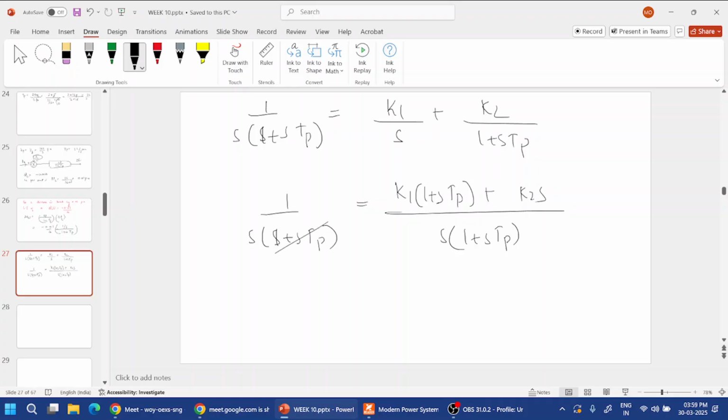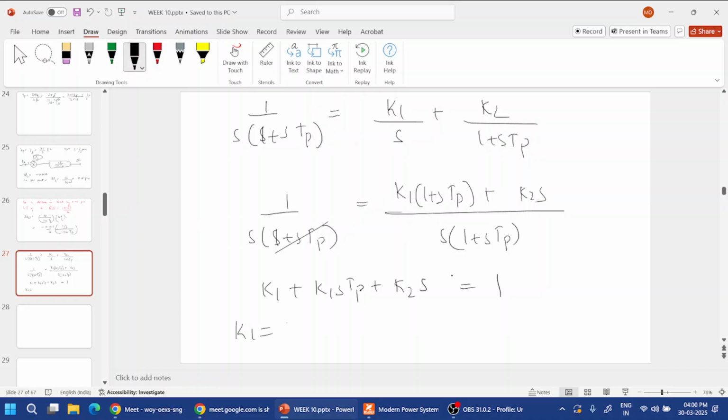So this will cancel out. So we would say that K1 plus K1 s Tp plus K2 s is equal to 1. Now, if we compare the right and left hand sides, K1 will come out to be 1, not 0.